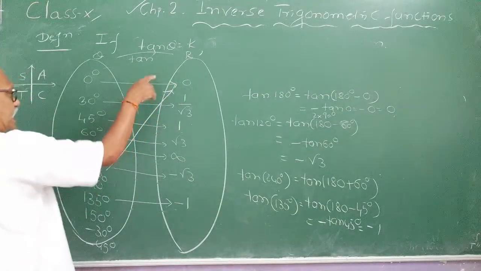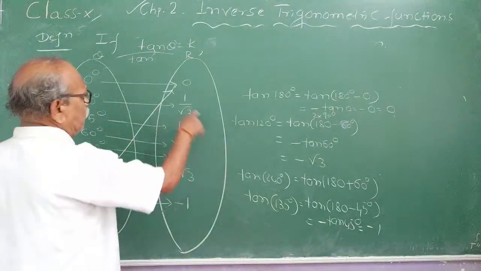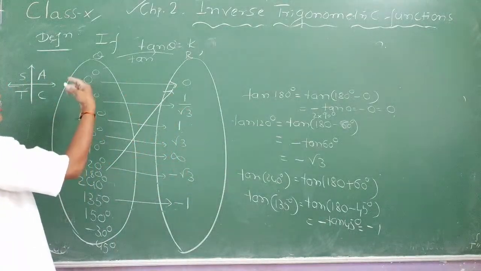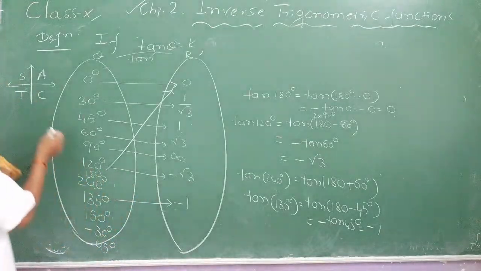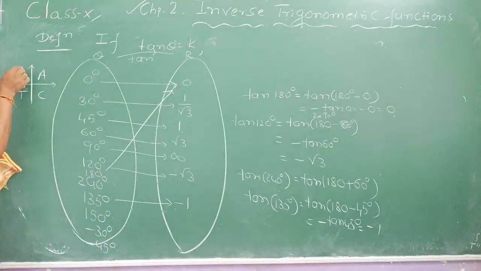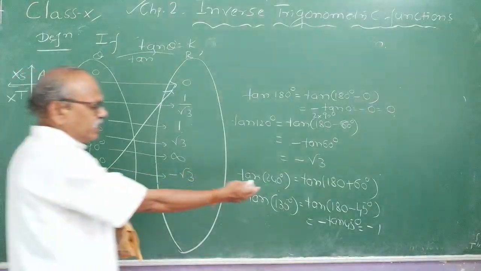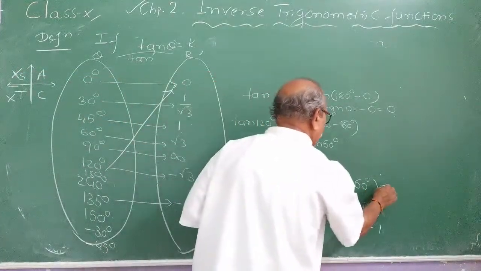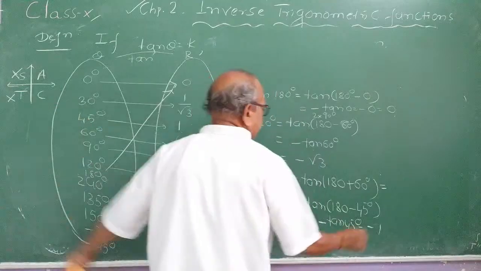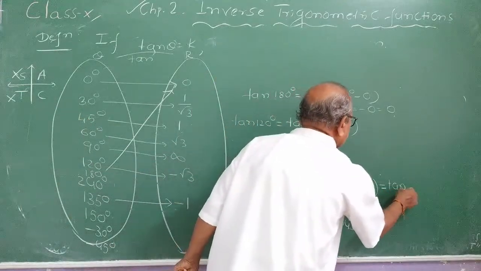Now for tan 0, even it is negative for other values, it will lose its one-one nature. Therefore, the restricted area is when it comes to the second quadrant. When it comes to the third quadrant, problem comes. I will take the third quadrant also. What do you get? Tan 180 plus 60. In the third quadrant, tan is positive. You get tan 60 degree.